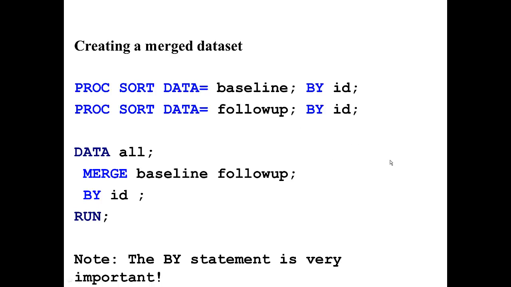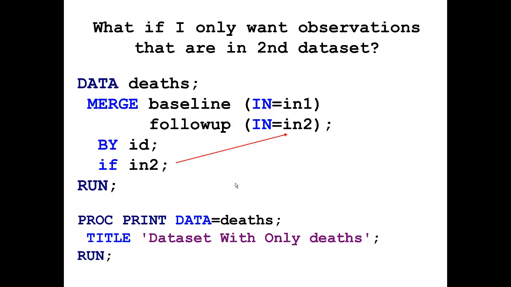So we're merging baseline and follow-up by ID. It's very, very important that you include the by statement. If you leave out the by statement, the program will run, but the results will not look as you would expect them to look.